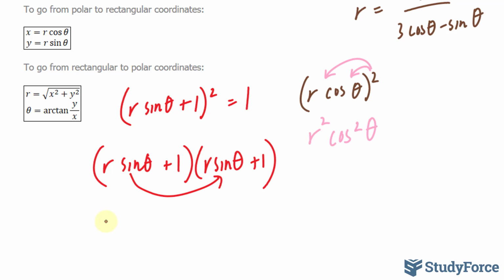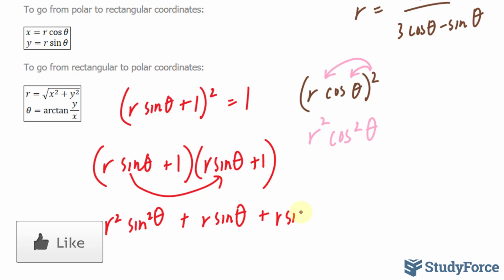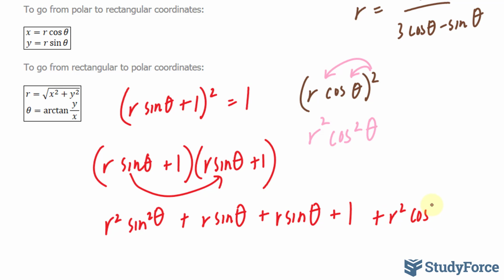This term times this term gives us r squared sine squared theta. This term times 1 is equal to itself, r sine theta, plus r sine theta, plus 1. And don't forget this part, which we can just add to the end. All of this is equal to 1.